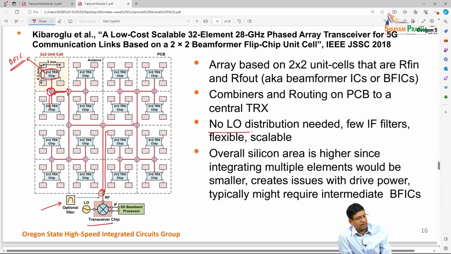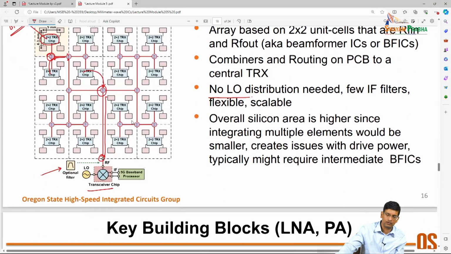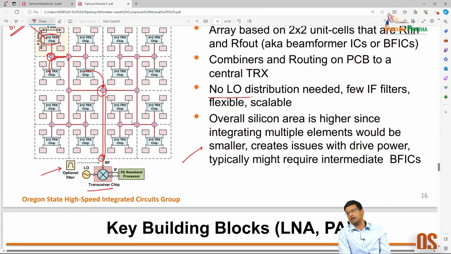So in some cases, what people will do is they will replace one of these with this IC itself as a distribution IC, and then you can work with it. So overall, of course, if I consider the total millimeter squared of silicon, right, this kind of approach usually takes up a larger area.